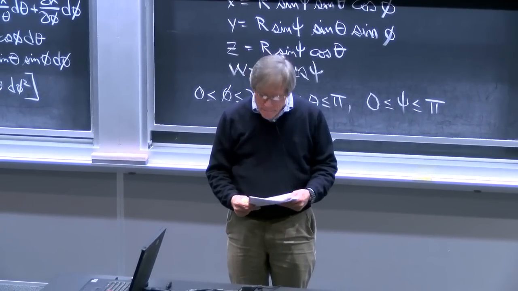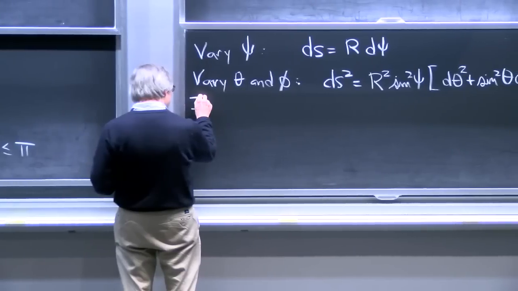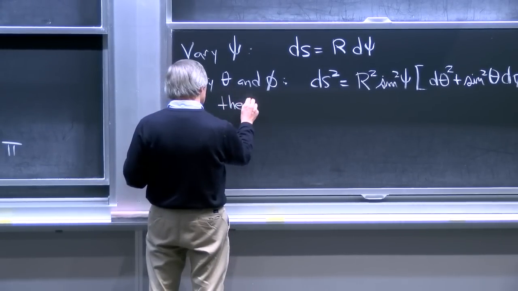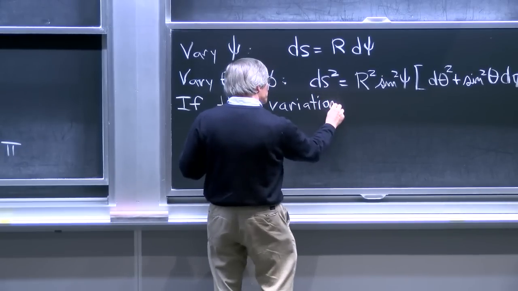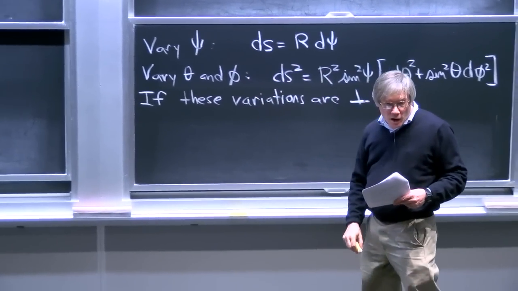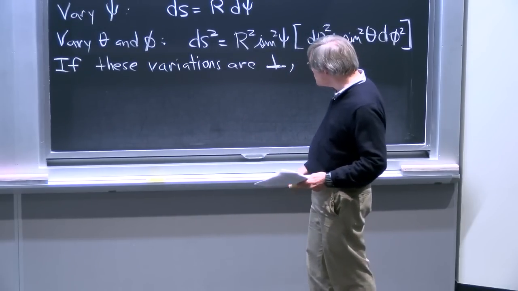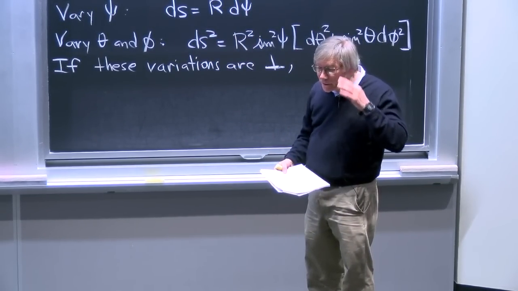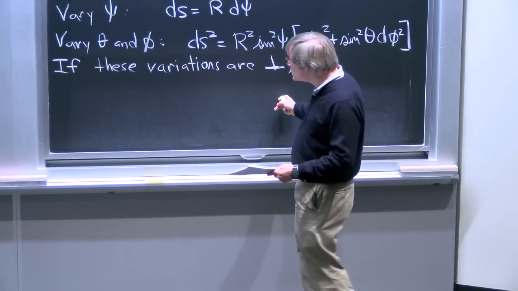OK, now I'm going to first jump ahead and then come back and justify what we're doing. If these variations are orthogonal, which I will argue shortly that they are, so I'm not doing this for nothing, then we just add the sum of the squares using the generalized Pythagorean theorem. In this case, Pythagorean theorem in 4 dimensions, but it's 4 Euclidean dimensions, so we should be able to use it.